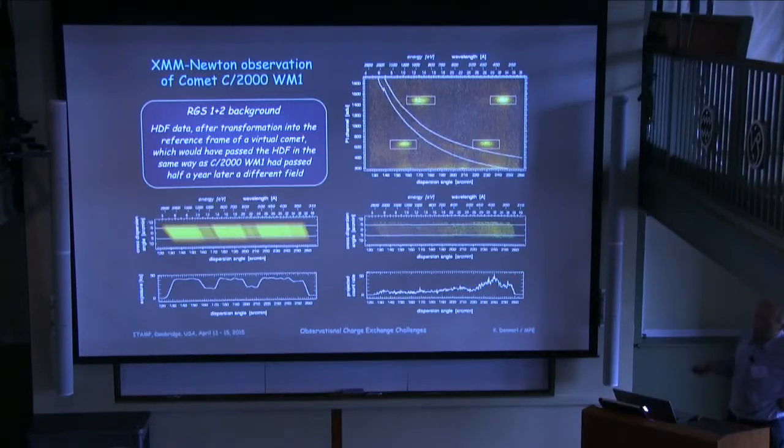The situation is even more complicated by the fact that the background was temporally variable. So you have to find a period in this Hubble Deep Field observation where you have a similar temporal signature of the background, and synchronize this with the motion of the comet across the RGS CCDs. So this was a bit tricky, but this was then what I got.